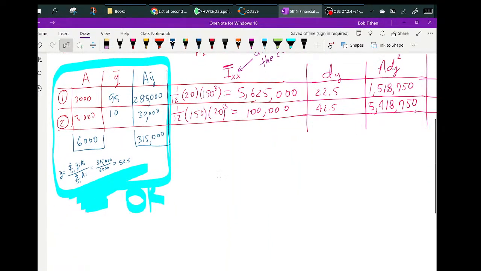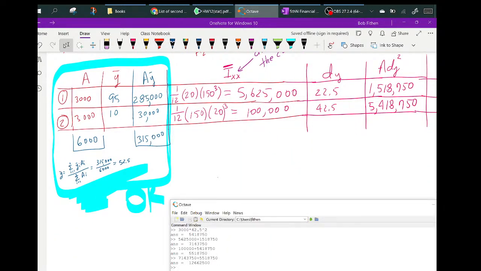Let's make sure I did not goof up in my calculation. Okay, 20 times 150 to the third divided by 12. 5628. I'm sorry, 5625,000. Okay, now let's try this. And put the power of 3 over here. And it looks like I got 100,000 there.